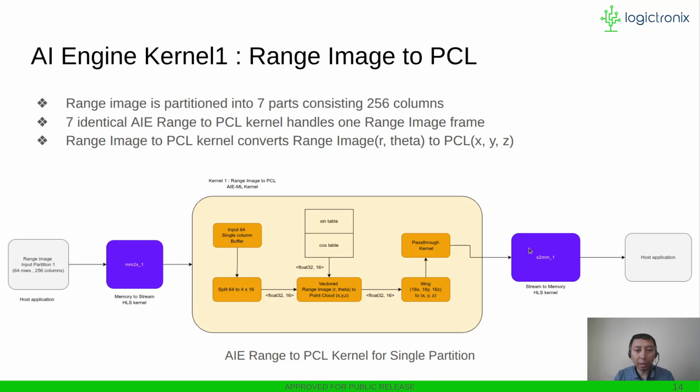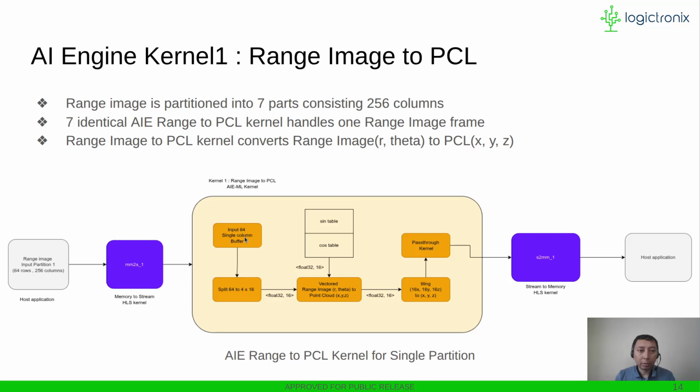So each AI engine kernel is computing 256 columns of range image data. And all these 7 engine kernels are identical and handle this 256 cross 64 range image data.